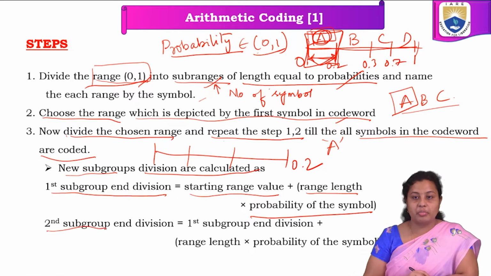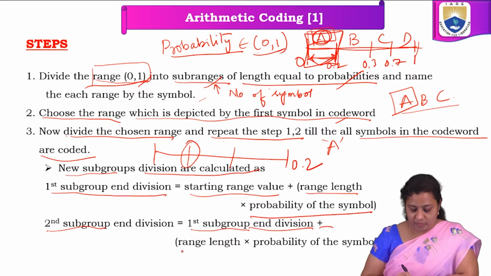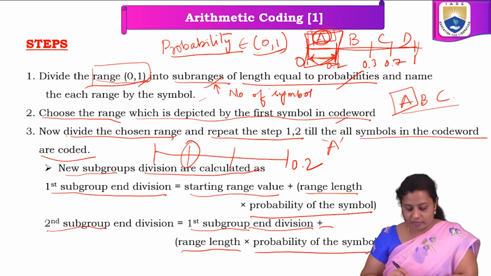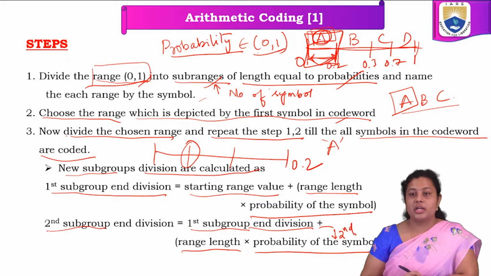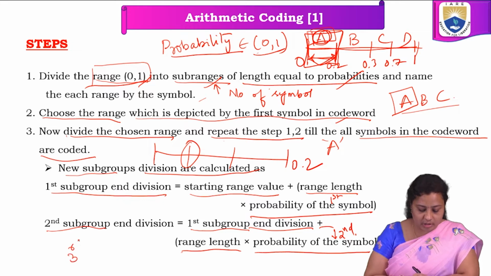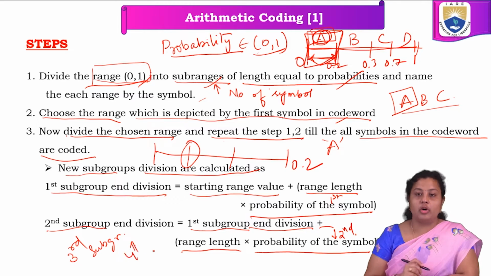The second subgroup is the first group's end division plus the range length times the probability of the second symbol. Similarly for the third subgroup, the fourth subgroup, and so on.